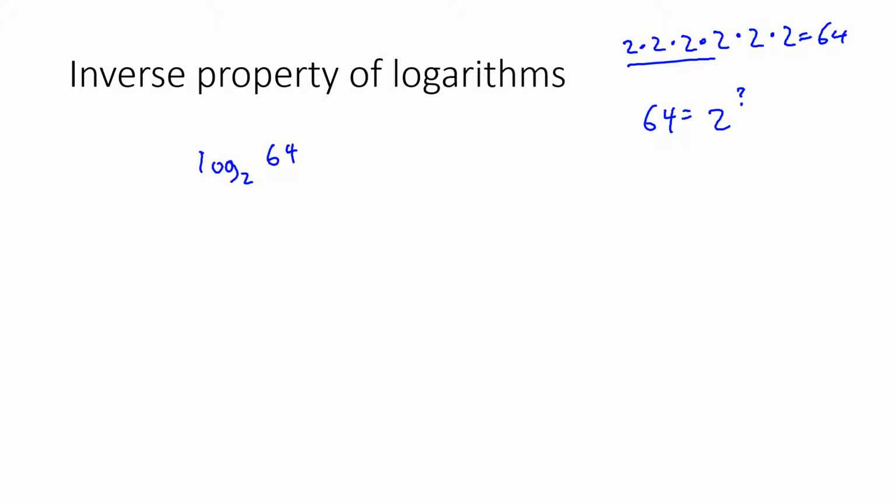So we have a power of 6 here. So in other words, 2 to the 6th is the same as 64. So we can think about this as log base 2 of 2 to the 6th, which, as we expressed before, is just going to be 6.